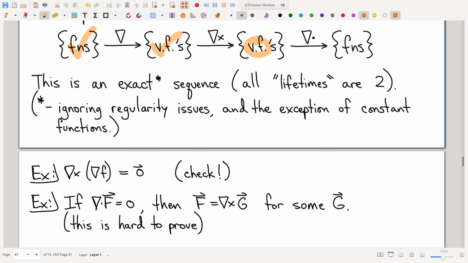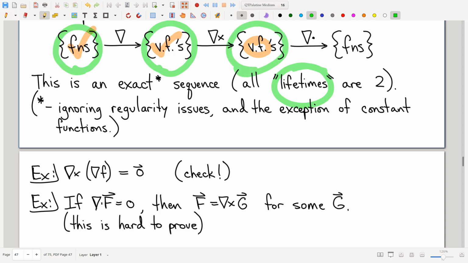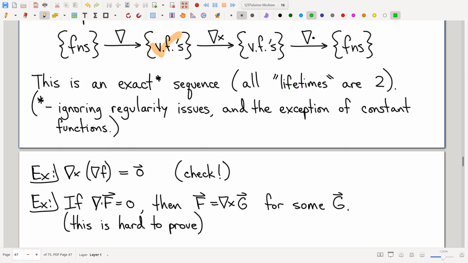And in my silly metaphor, and I apologize for the silliness, but I think it works pretty well, 0 means death. So the way to think about this as a lifetime is that this is birth, this is survival, and this is death. And everything has a lifetime of 2.